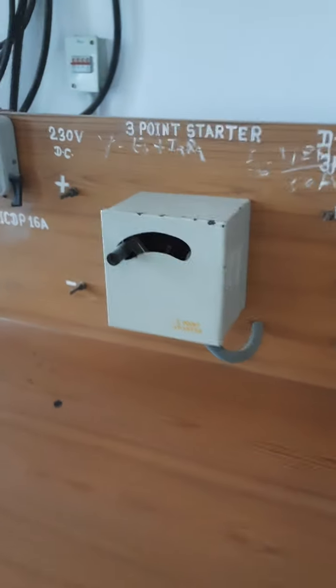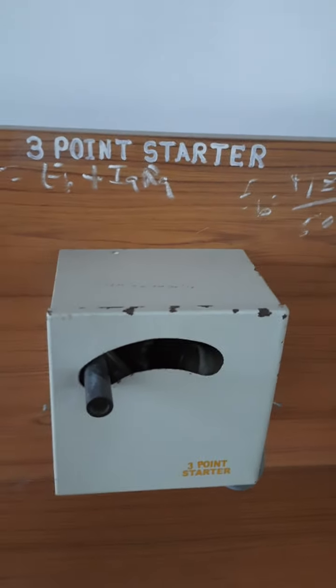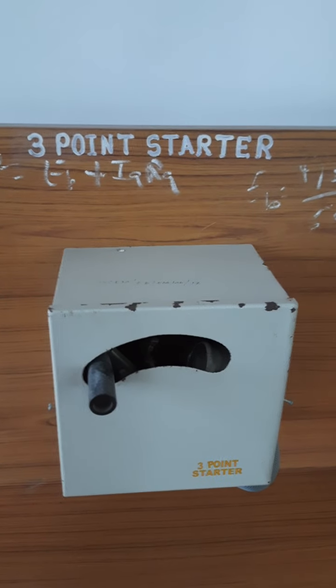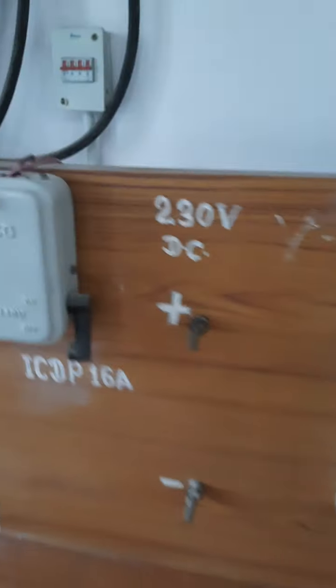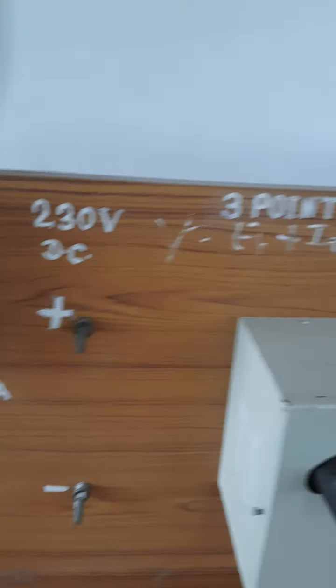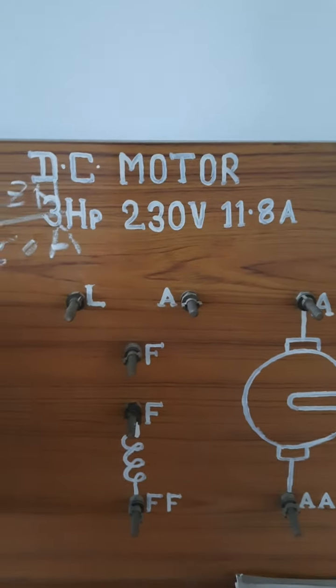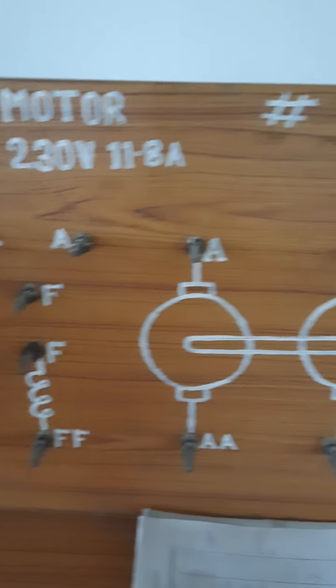This is the table on which you can study. This is the starter of the 3-terminal induction motor and DC motor. This is the main switch for starting DC supply. This is a 3-point starter. This is the field winding connection, starter terminal connection.